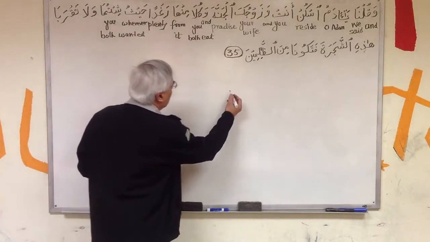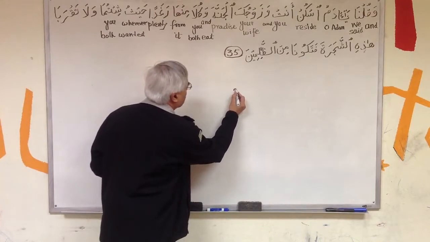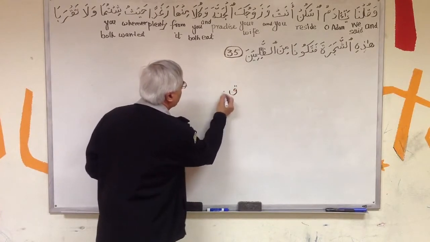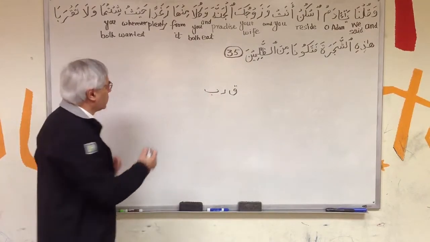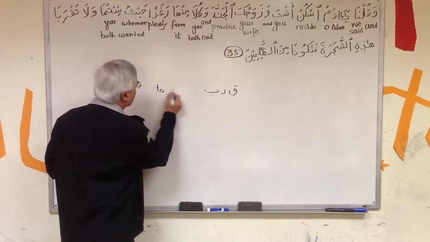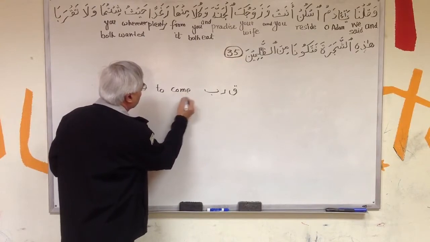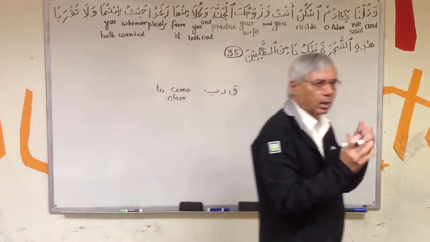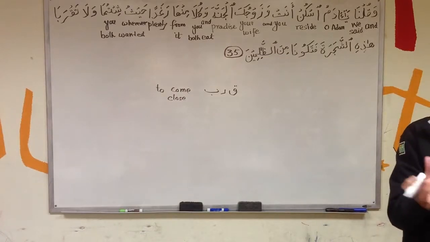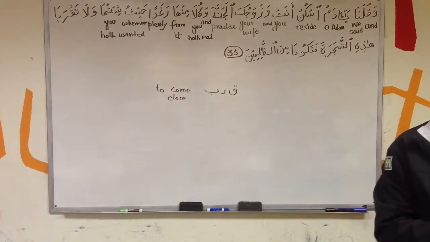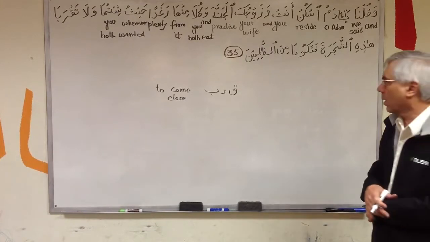So now, next word is of Qaf, Ra, and Ba. This means to come close. Qareeb or qaraba means to come close to something, to come near to something. Qareebun.